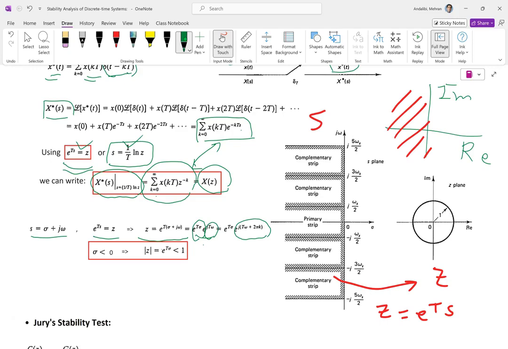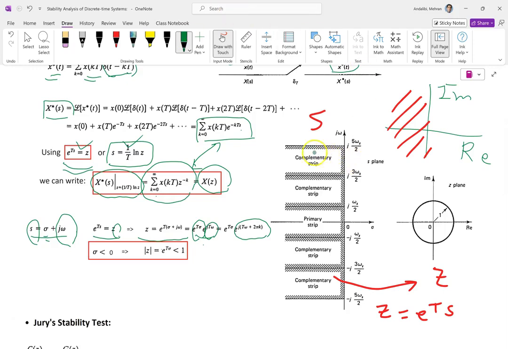So you can see that for several different values of omega and the same sigma in the S domain, you're going to get a single Z value, and that's exactly what you see here on the left.